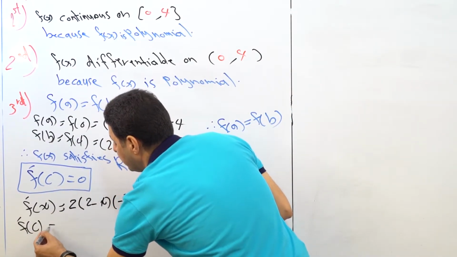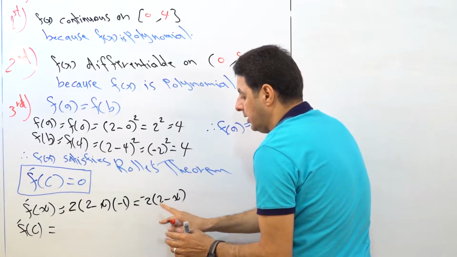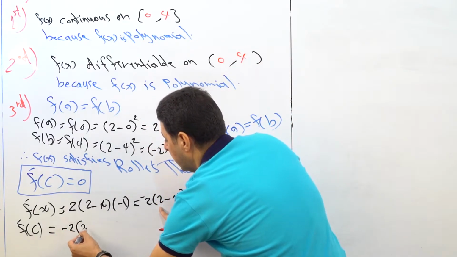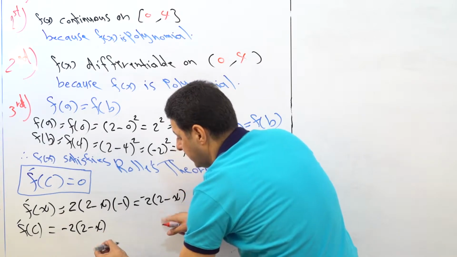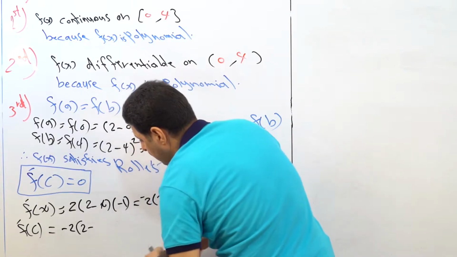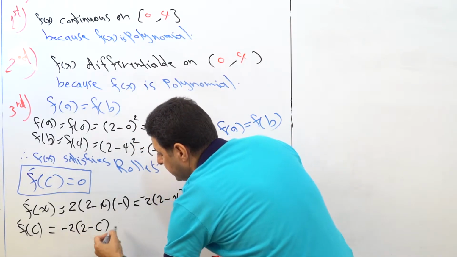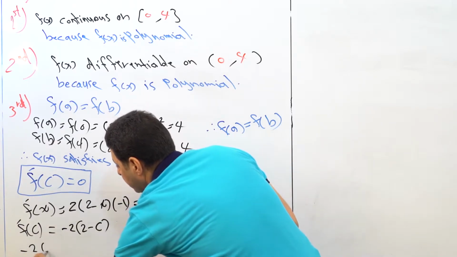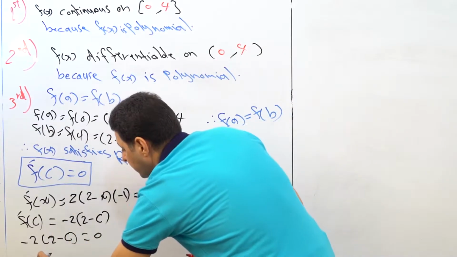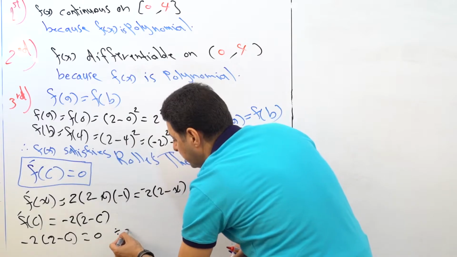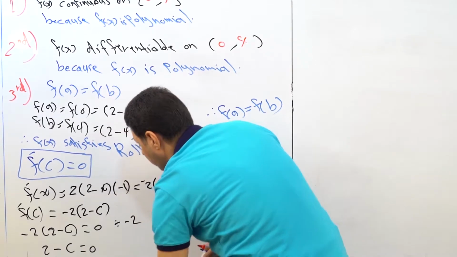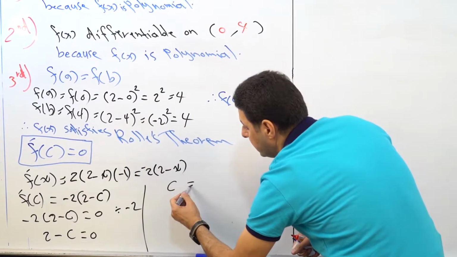Now f prime of c: substituting x by the letter c, negative 2 times (2 minus c) equals 0. Dividing by negative 2, we get 2 minus c equals 0, then c equals 2.